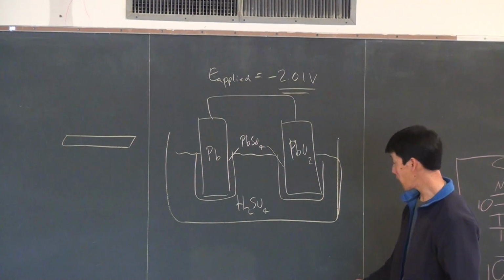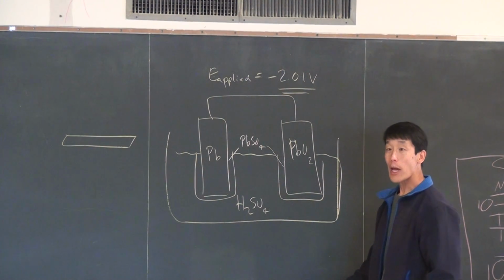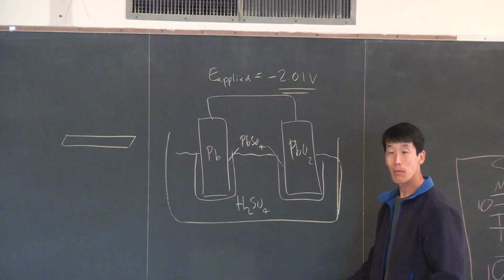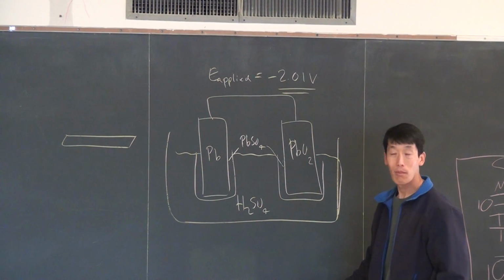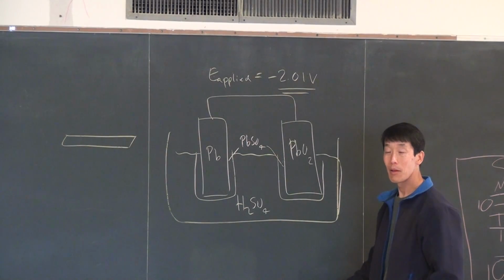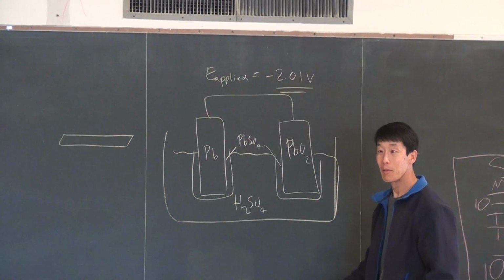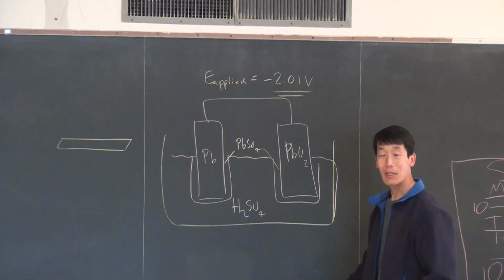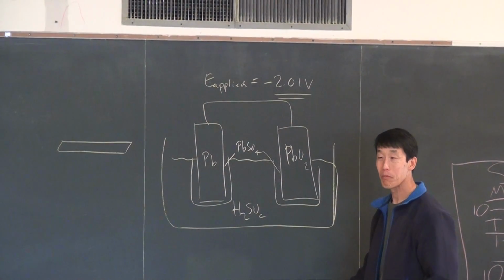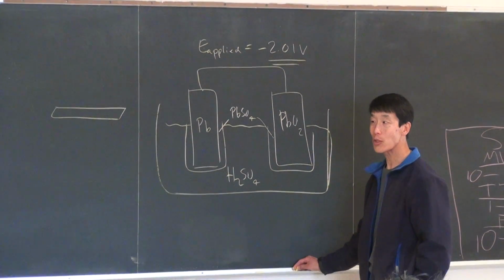Okay, so at this point, are you experts at batteries? How come you guys don't have so much confidence in yourselves? Because you made several batteries in lab. You actually made them with your hands.